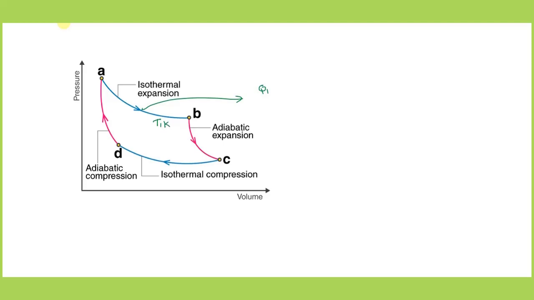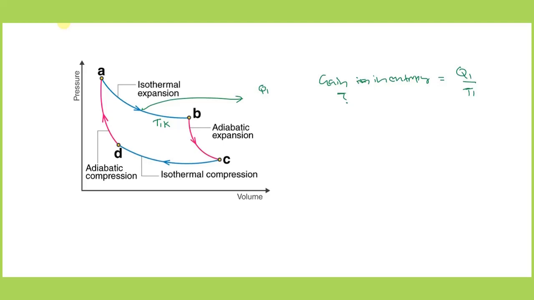Now if you find out the net change in entropy, the gain in entropy during the process AB is Q1 by T1. Why is it a gain in entropy? Because as you know, the working substance absorbs energy. So there will be a gain of entropy.